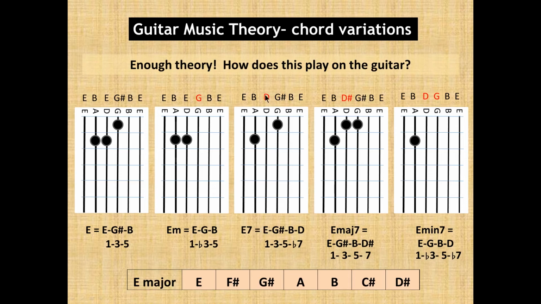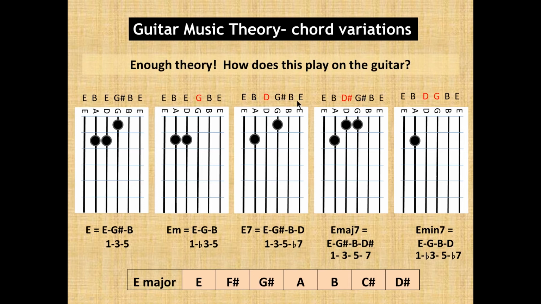Spelling again, you'll find that the only notes played across all of the strings are one of the notes in the spelling. And what is different between the E major voicing of the chord and the E7 voicing?